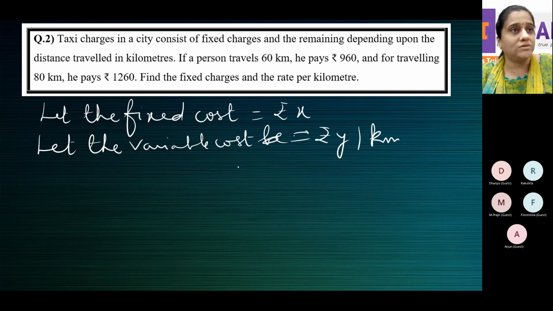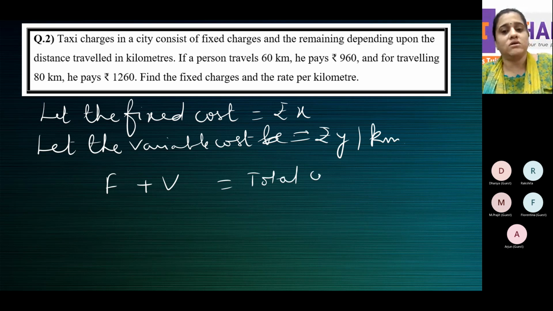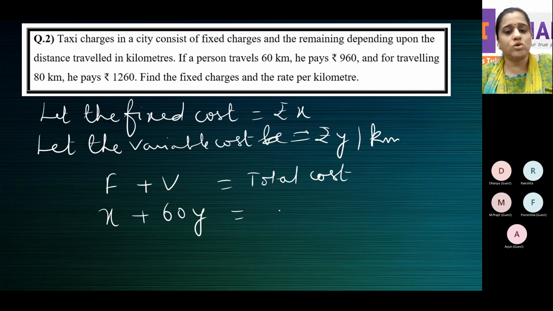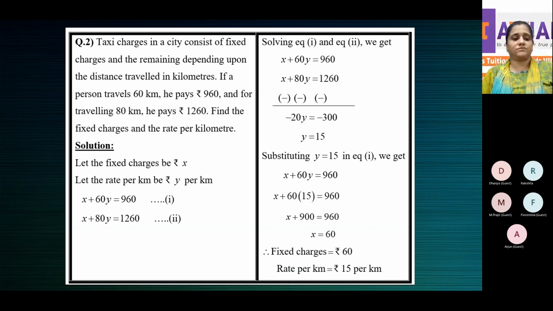Rupees Y per kilometer. So everywhere it is the fixed cost plus the variable cost is equal to the total cost. That's the equation. Fixed cost X plus the variable cost 60y is equal to the total cost 960. Correct? Write down first.